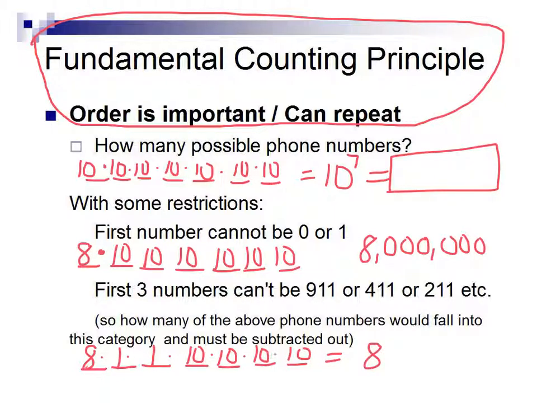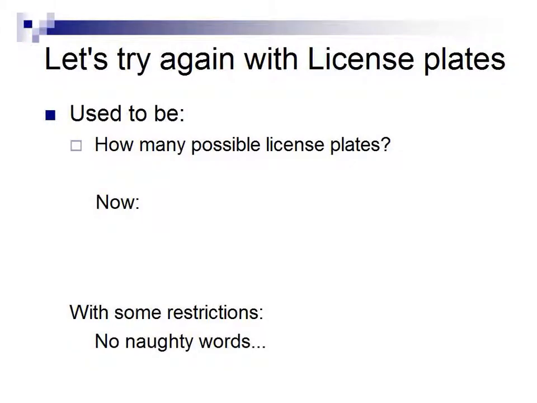Sometimes I don't get that dot in there, but I'm always multiplying those. So I actually have 80,000 phone numbers of this 8 million that really won't work. So then we start reducing that, and I'm sure there are many, many other restrictions that we're not aware of. But this is what I like about the fundamental counting principle, is that you can start tweaking it, changing some numbers, however you want.